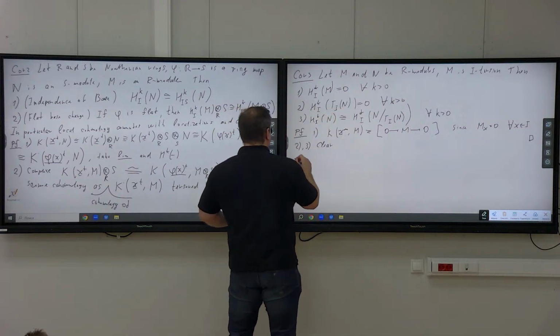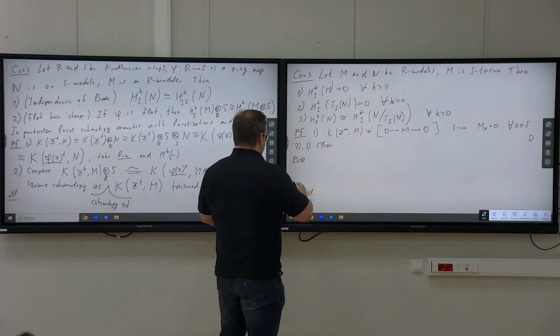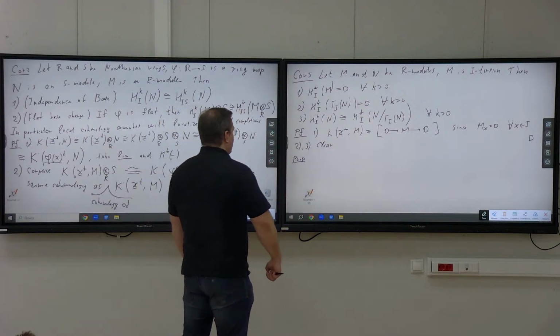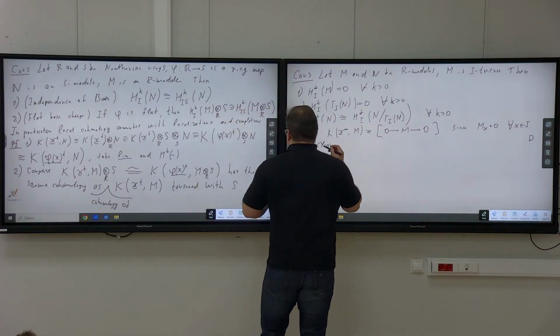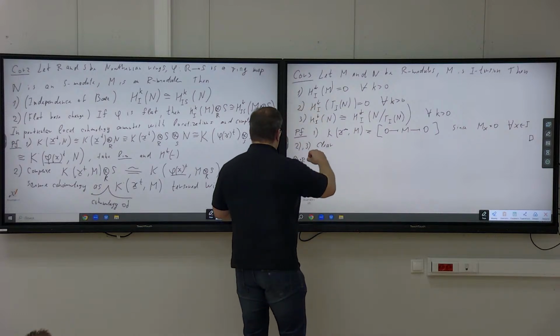So proposition, well, if I want, I can call this another corollary. It's also based on the presentation of the local cohomology via the stabilized Koszul complex. But we have here a little bit more assumptions.